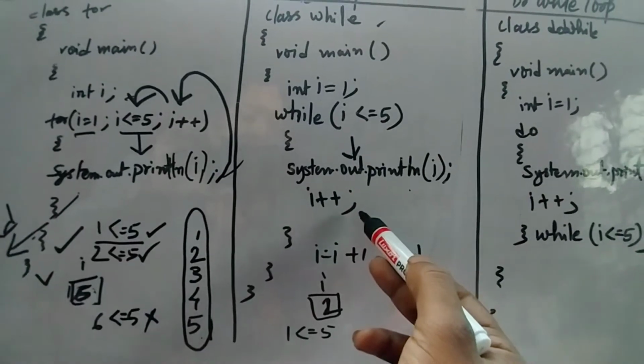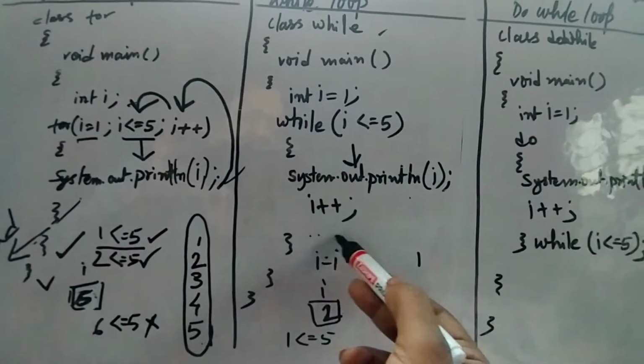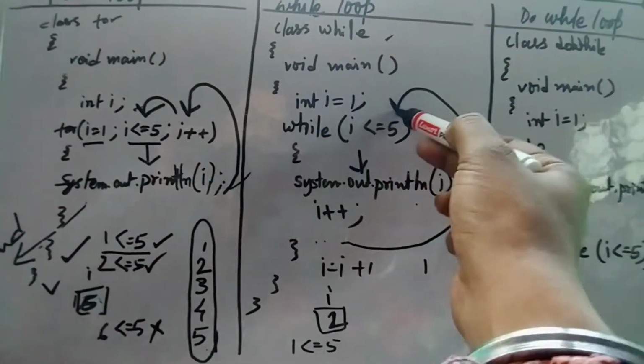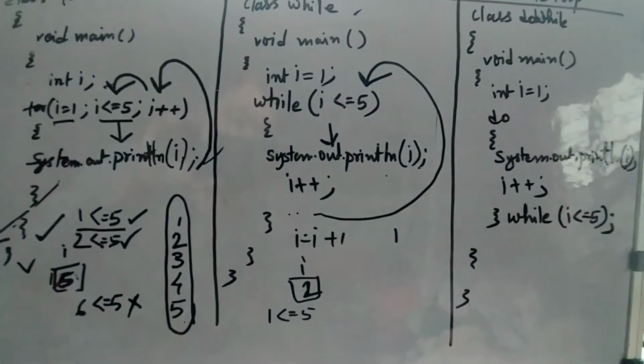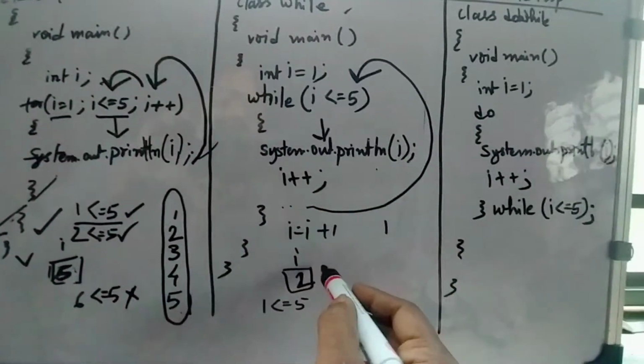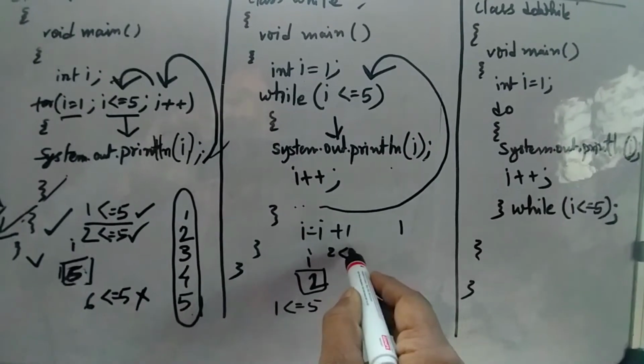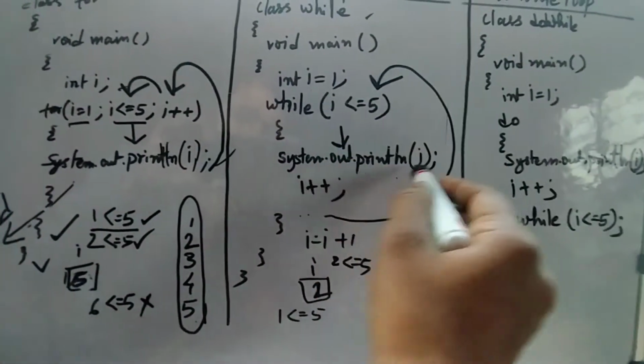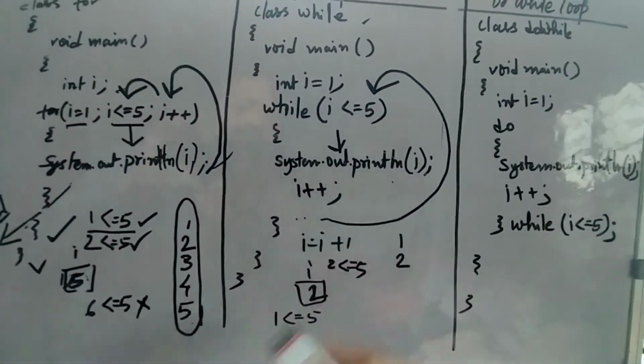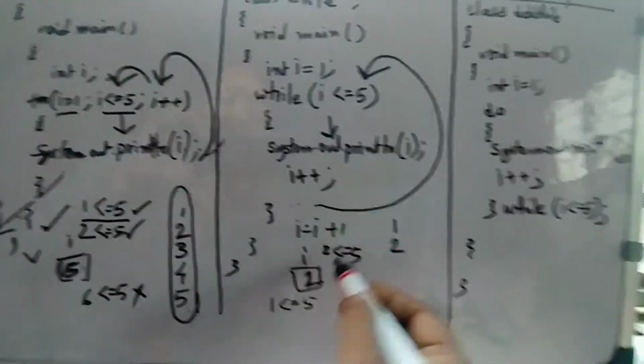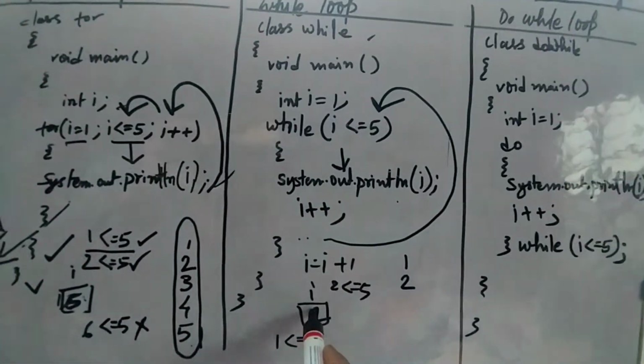After this, before the ending, it again goes to the condition checking part. Then 2 less than or equal to 5, yes, the condition matches, it comes down and prints 2. Then again i increases to 3.